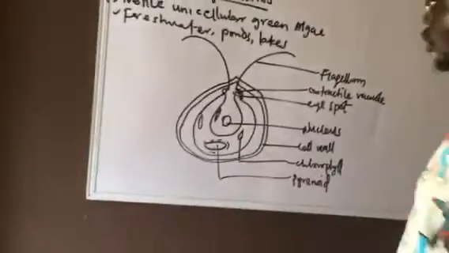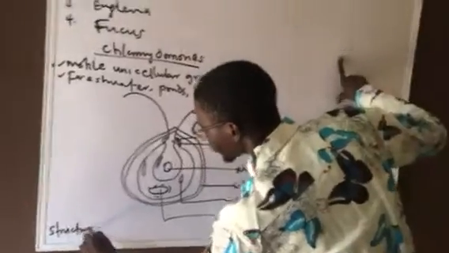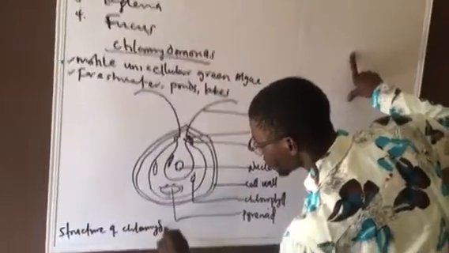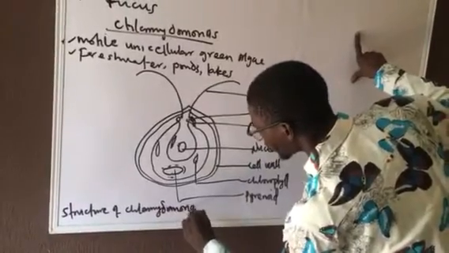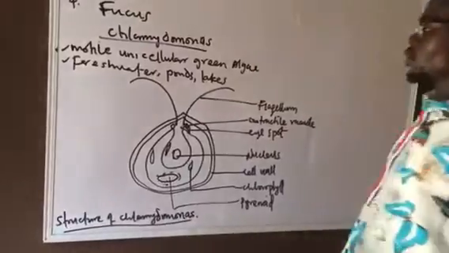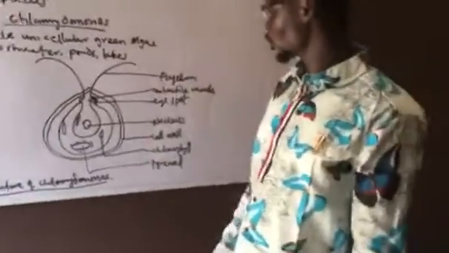So this is the structure of Chlamydomonas, the simple structure of Chlamydomonas.